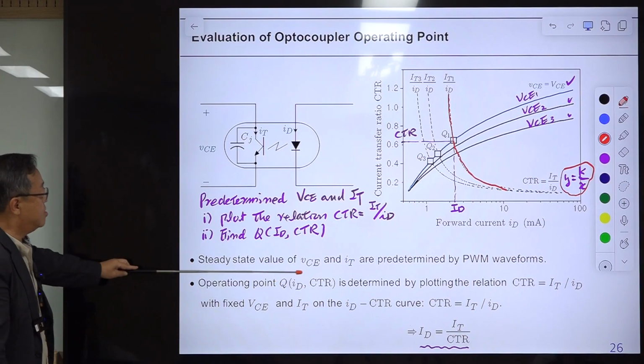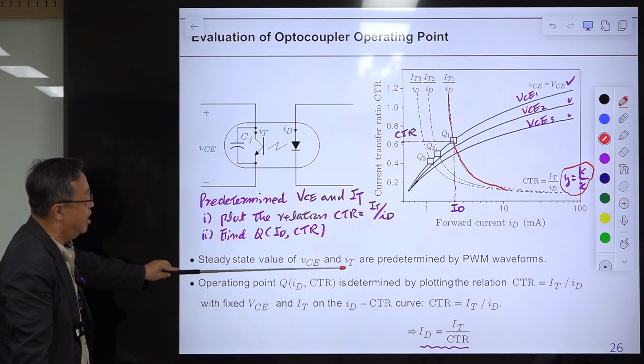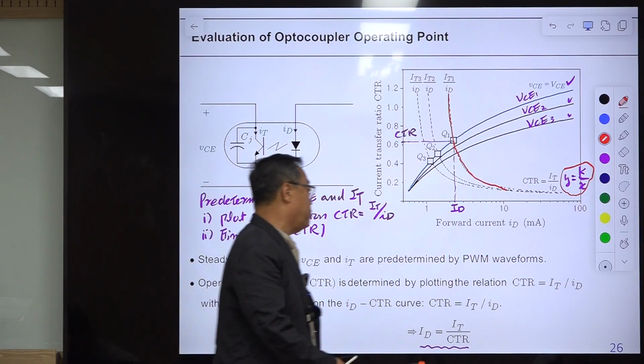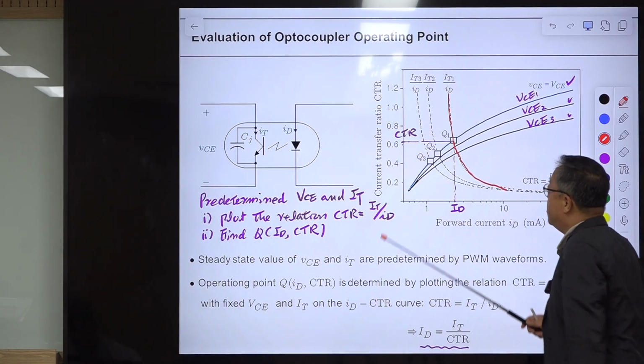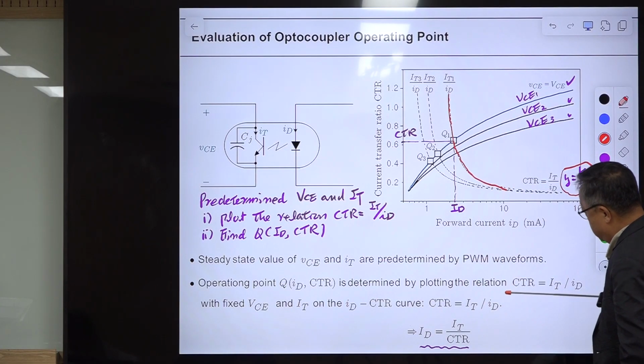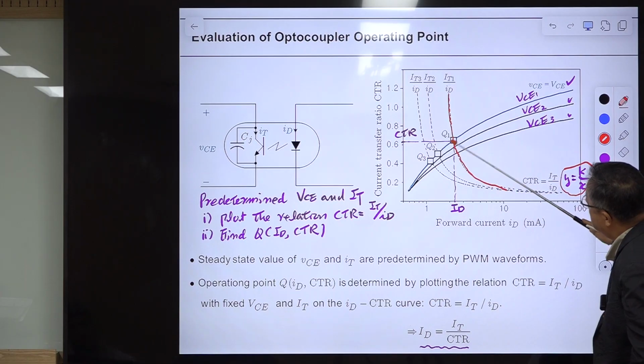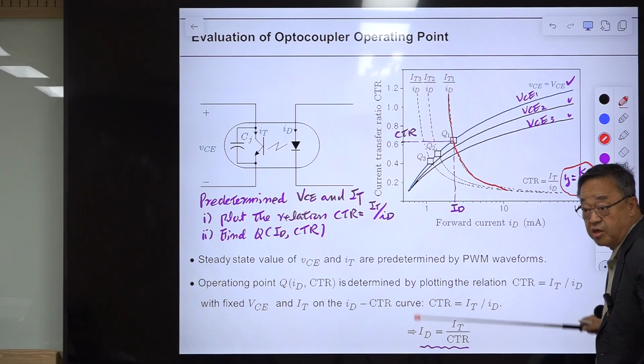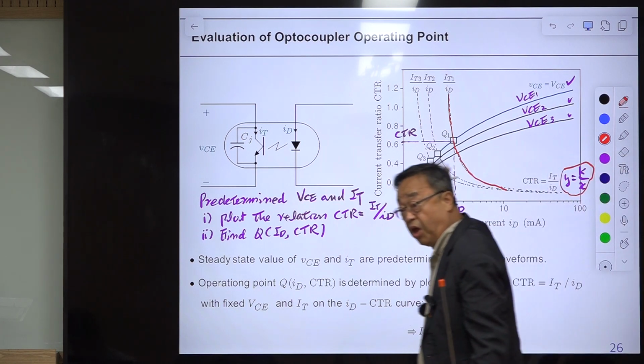So the steady state values of VCE and IT are predetermined by the PWM waveforms, and with this curve, you find out this using this equation, and you find this Q point. Then ID is determined. Everything is determined. So this curve has to be very accurate.